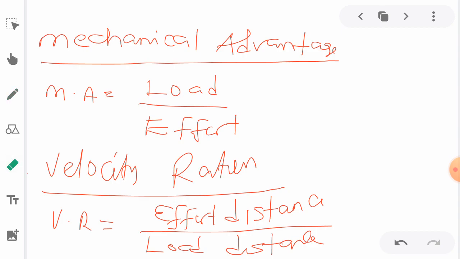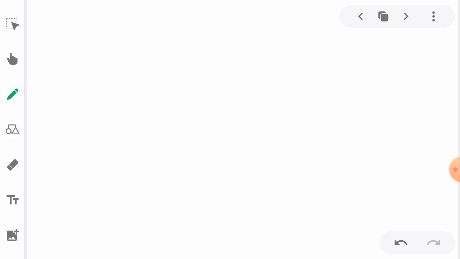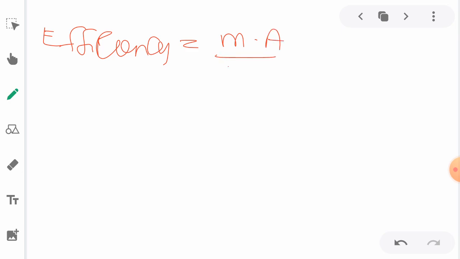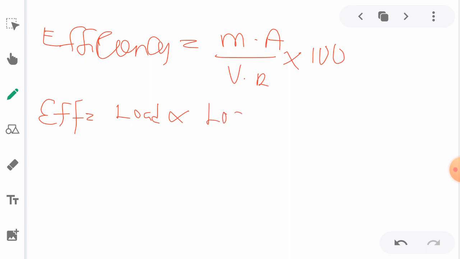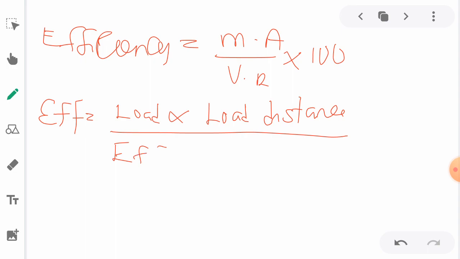Then we also have what we call efficiency. Efficiency is equal to mechanical advantage over velocity ratio times 100, or efficiency is equal to load times the load distance over effort times effort distance.